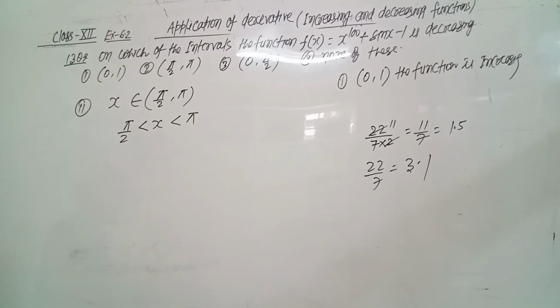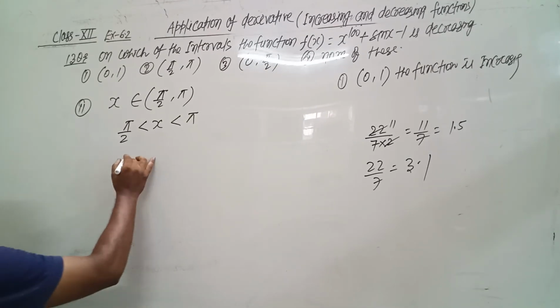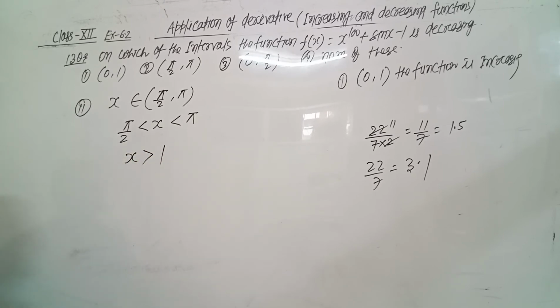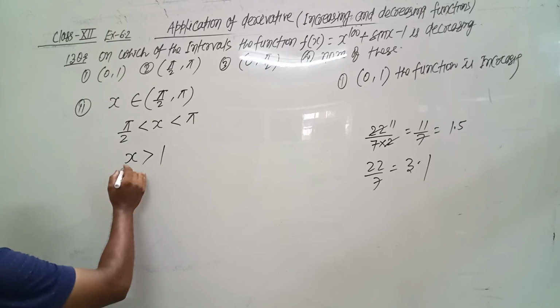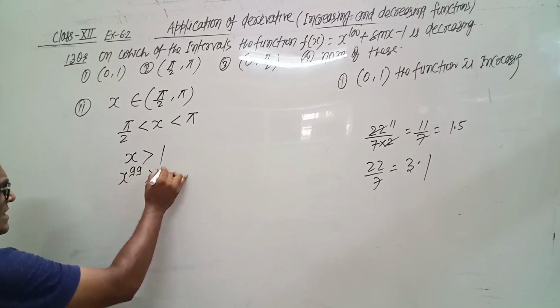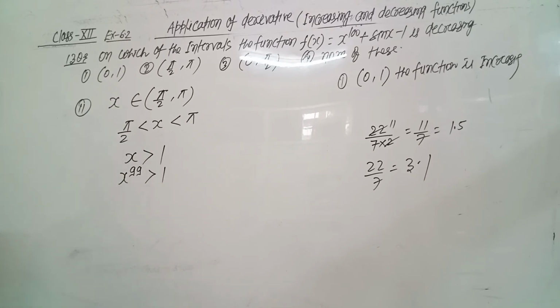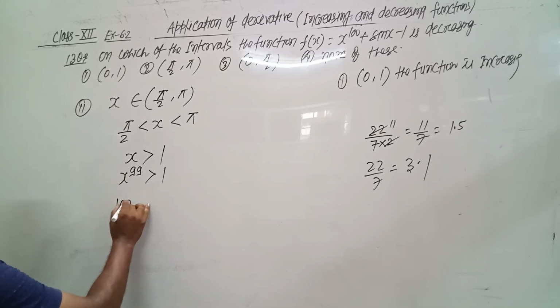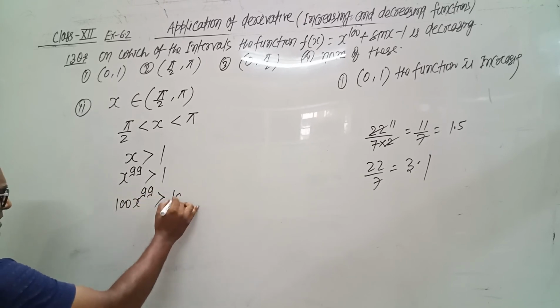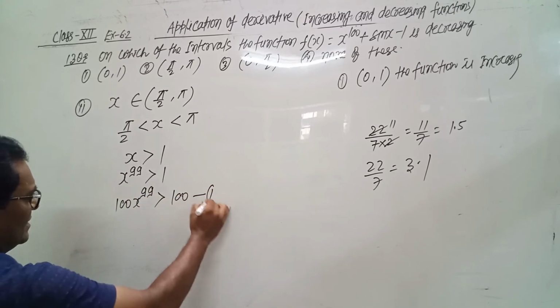So we can say that the value of x is greater than 1, making power 99. So x raised to the power 99 is greater than 1, and 100 multiplied by x to the power 99 is greater than 100.